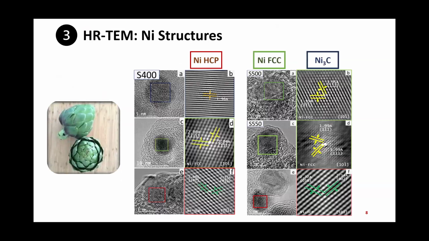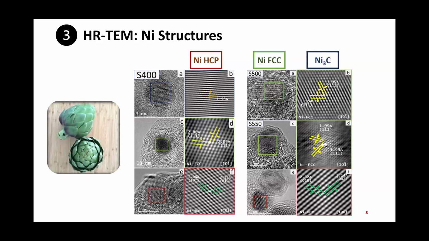in the individual nanoparticles at lower carbonization temperature. I found that I have an artichoke-like morphology. This means that I have different nickel phases, nickel FCC and nickel HCP, and nickel carbide FCC and nickel carbide rhombohedral, all coexisting and surrounded by 7 to 10 graphite layers.